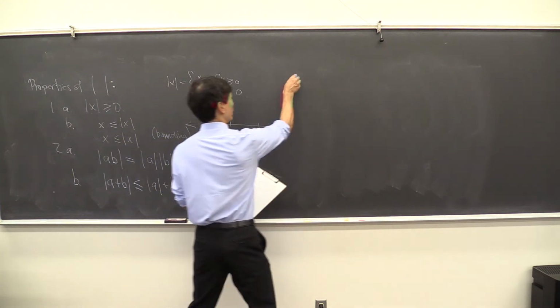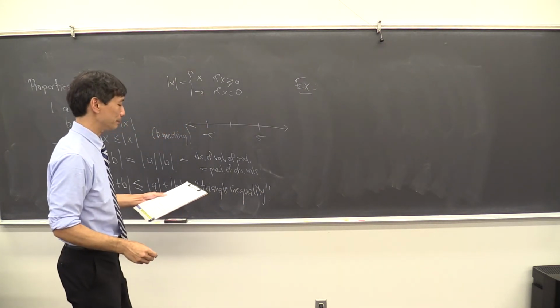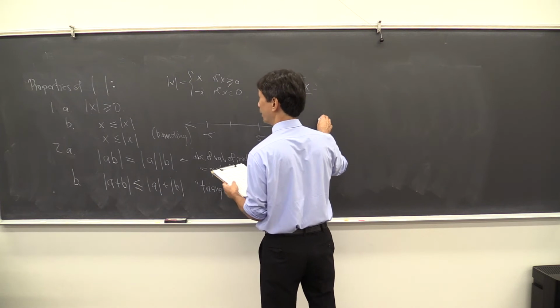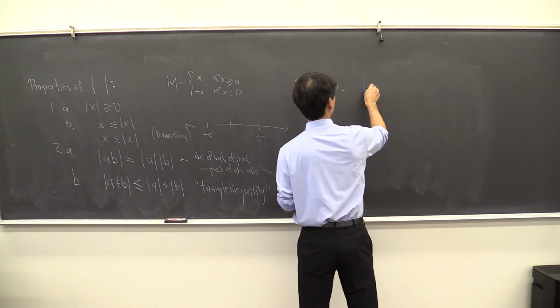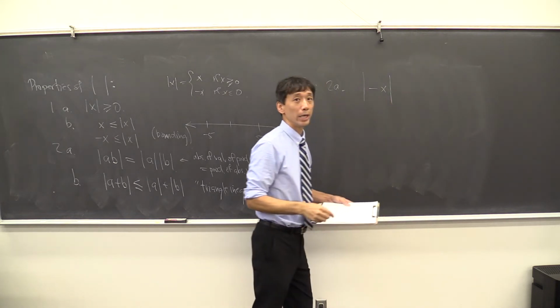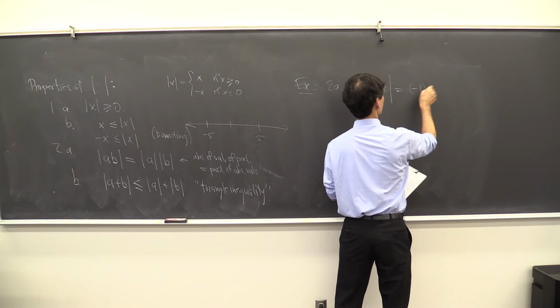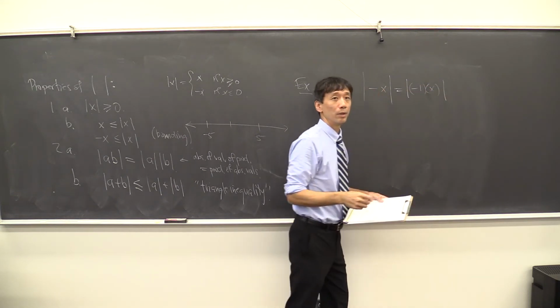Okay, let me do some examples to illustrate these things. So if I'm thinking about 2a, the absolute value of negative x, I can write as the absolute value of negative 1 times x. Right?